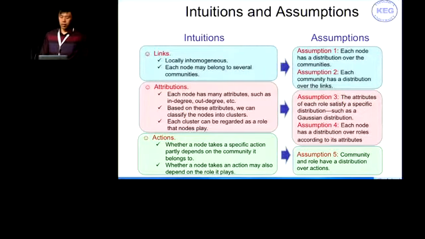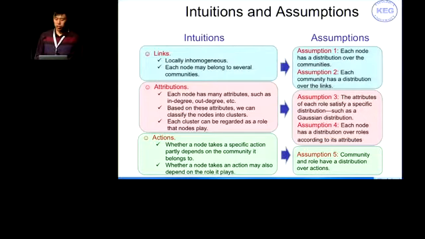First, let's begin with links. According to previous studies, the distribution of edges is locally heterogeneous. So edges are highly concentrated within a specific group of nodes, but sparse across different groups.